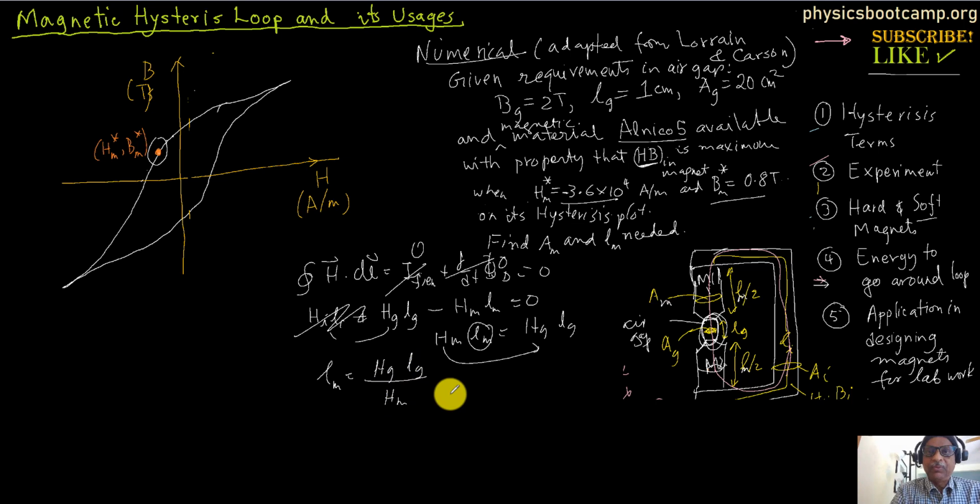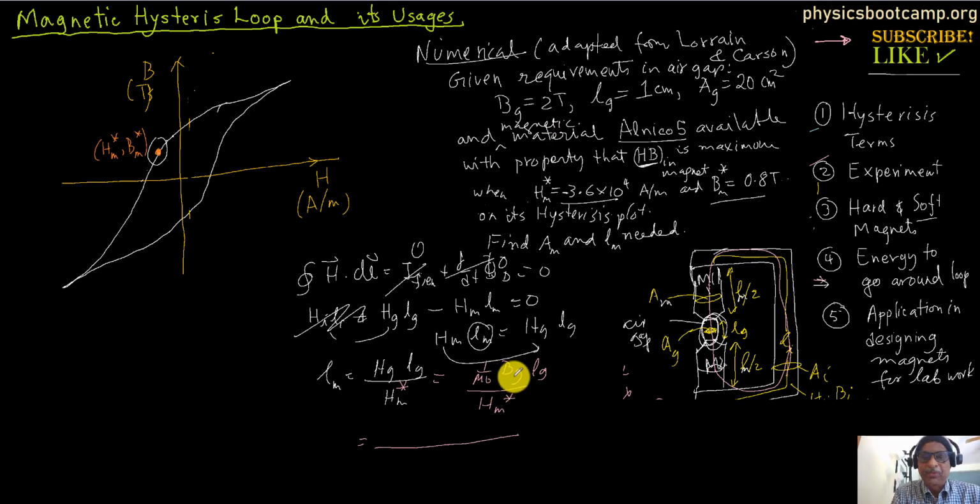Now we are using Hm star, and Bg is 2 Tesla, so it's 1 over mu naught, Bg Lg over Hm star, and numerically we can just work it out.